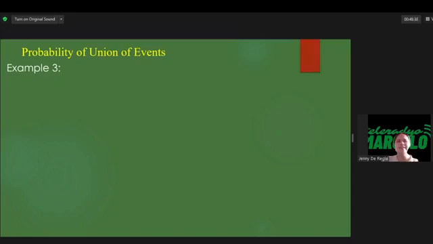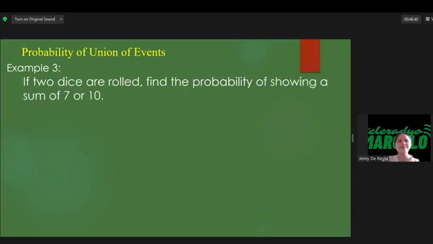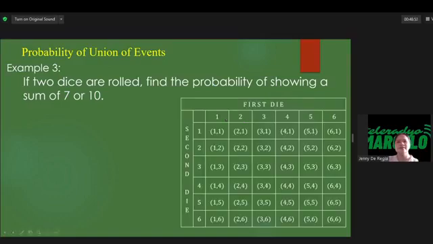Next, example 3. If 2 dice are rolled, find the probability of showing a sum of 7 or 10. So we have the given dice, 2 dice here. We're looking for the probability of showing a sum of 7.